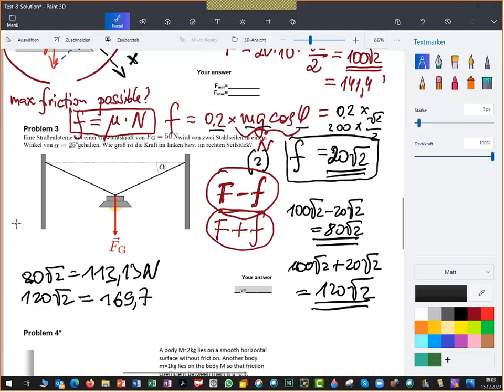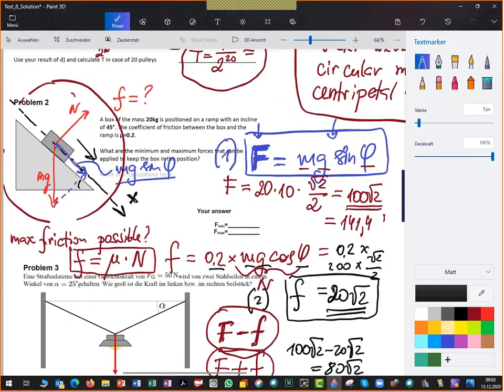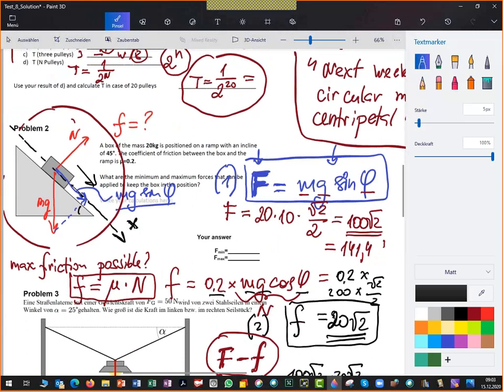In my opinion, in problem number 2, the only challenge was to consider that the friction force can actually work in both directions, right? So again, it may work upwards or it may work downwards. So it can be applied in two ways.